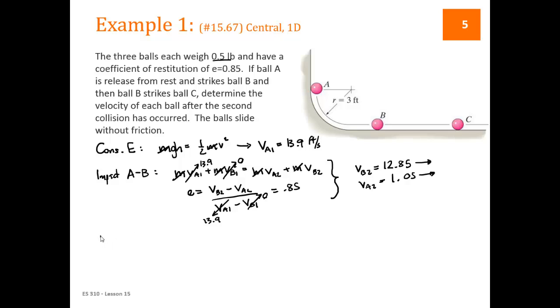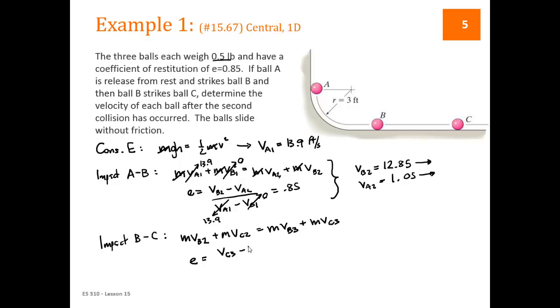Alright, so then we also have the impact of ball B hitting ball C. Similar two equations: we've got mass times VB2 before, because it starts moving here and doesn't lose any speed before it hits C, plus mass of ball C times VC2, equal to mass times VB3 plus mass times VC3 after impact. And we have the coefficient of restitution, so the afters are on top.